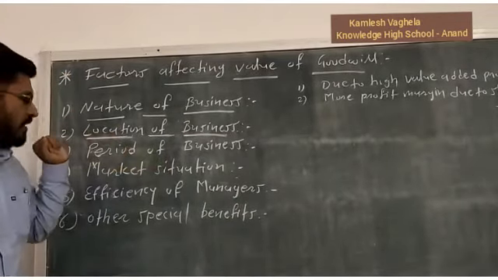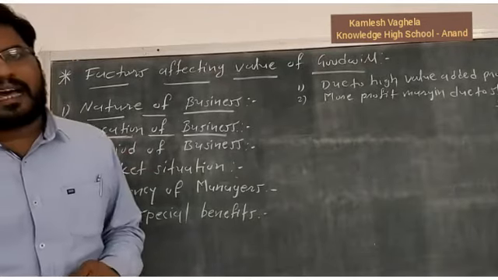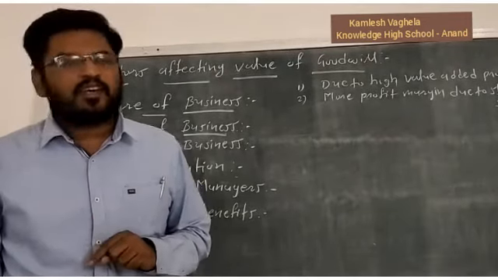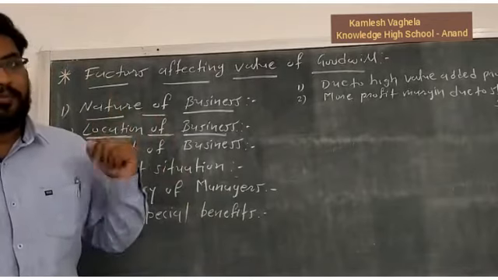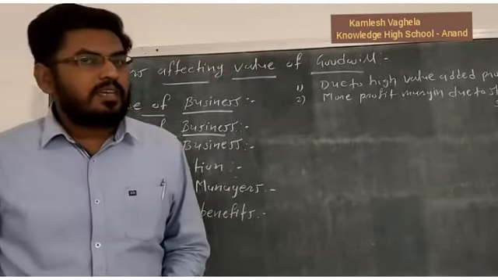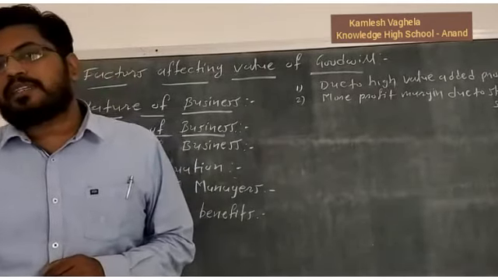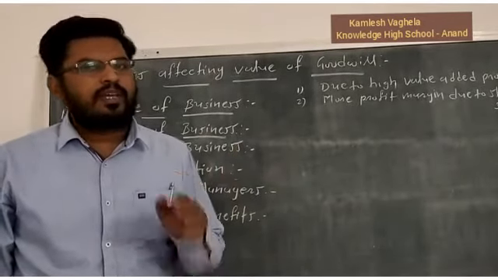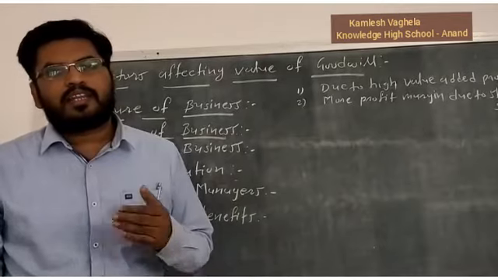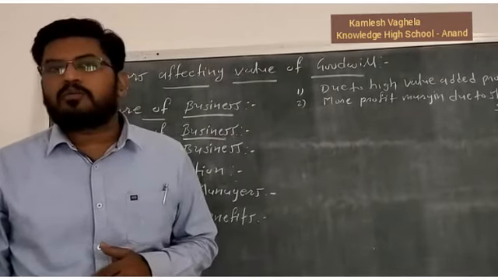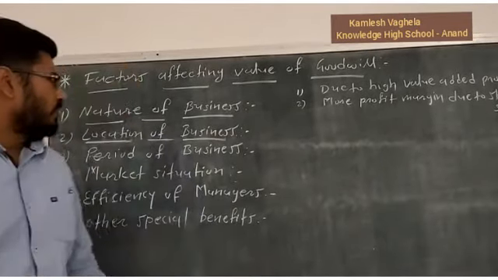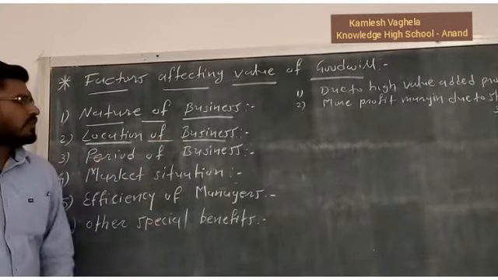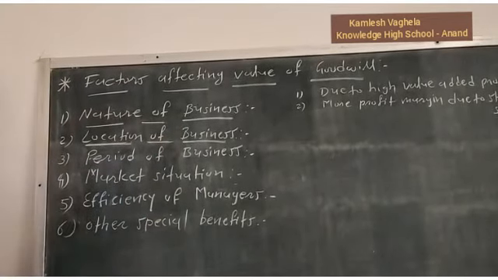So for example, if you have business location on Anand Vidyanagar road, then your value of goodwill is higher. But suppose for the same business, you have business location in some remote area, then your value of goodwill will be lower because your area is remote. You will not get more number of customers. So location of business also affects our value of goodwill.